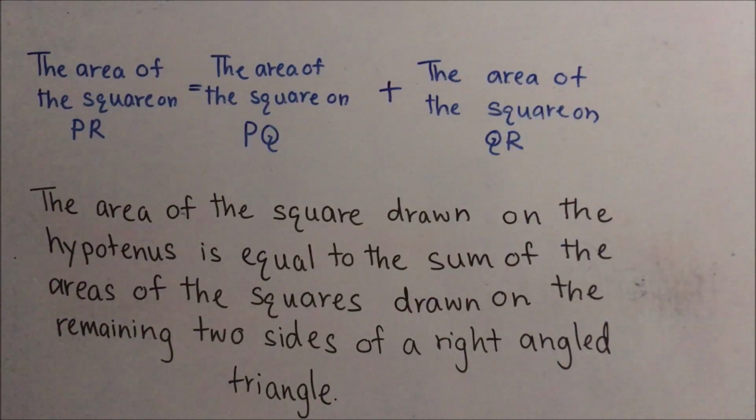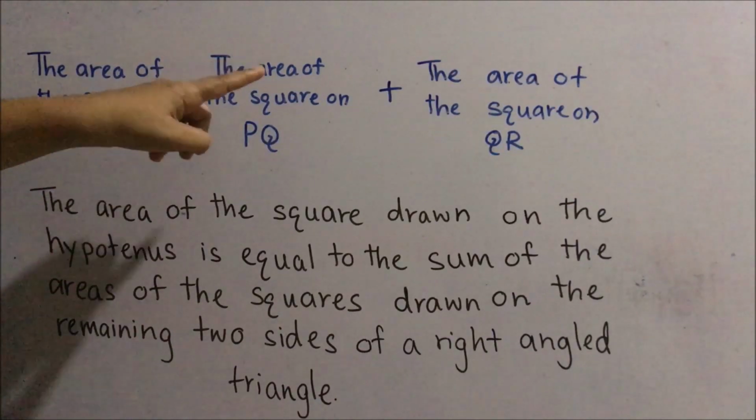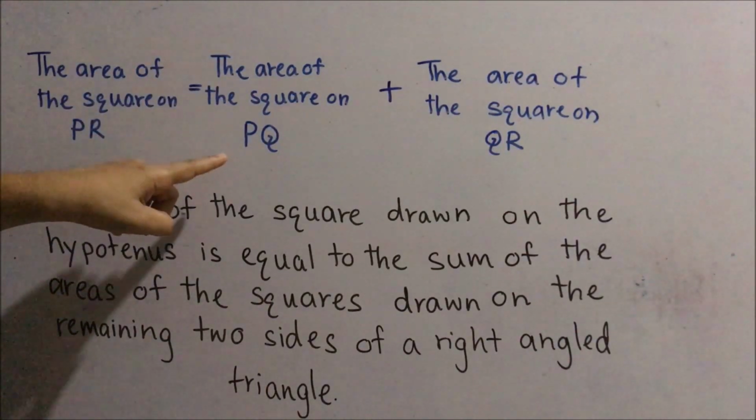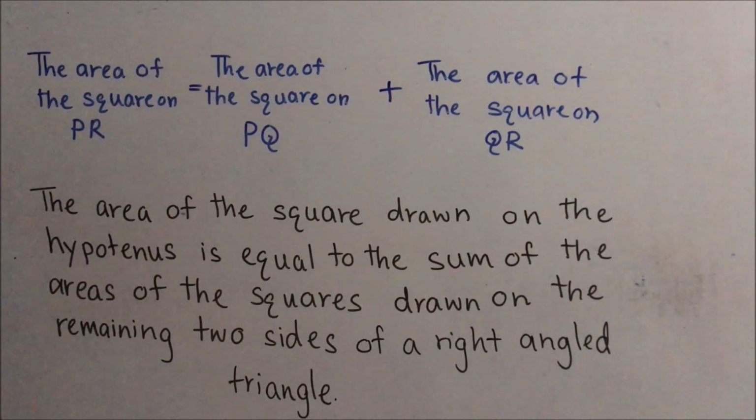Observe the relationship between the sides. The area of the square on PR equals the area of the square on PQ plus the area of the square on QR.